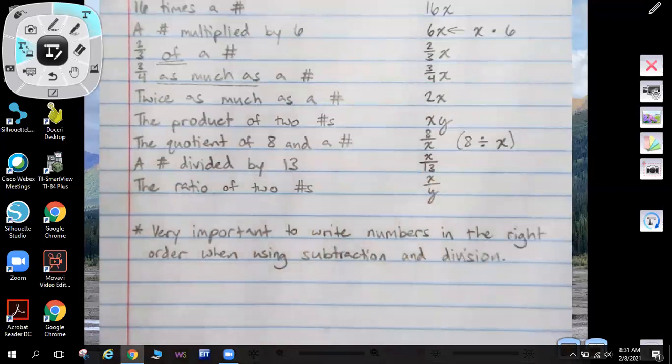So with addition and multiplication, you can do that in any order and get the same result. But with subtraction and division, the order matters. So be very careful. Look at the words really carefully before you write your mathematical expressions.